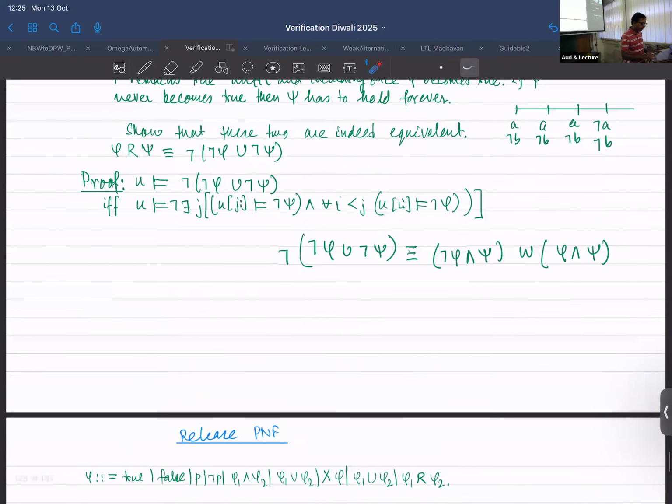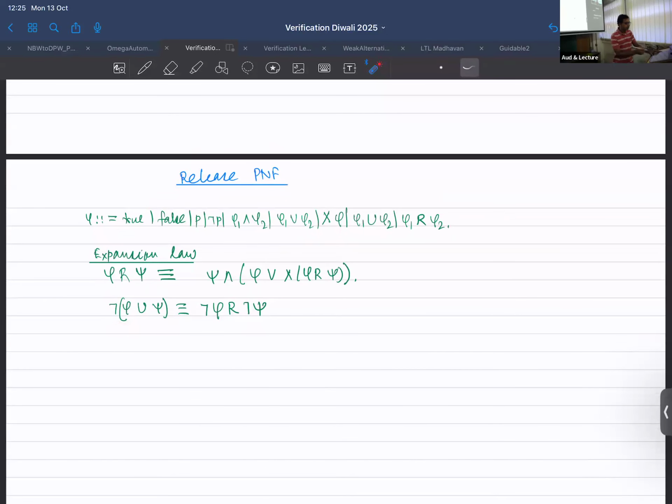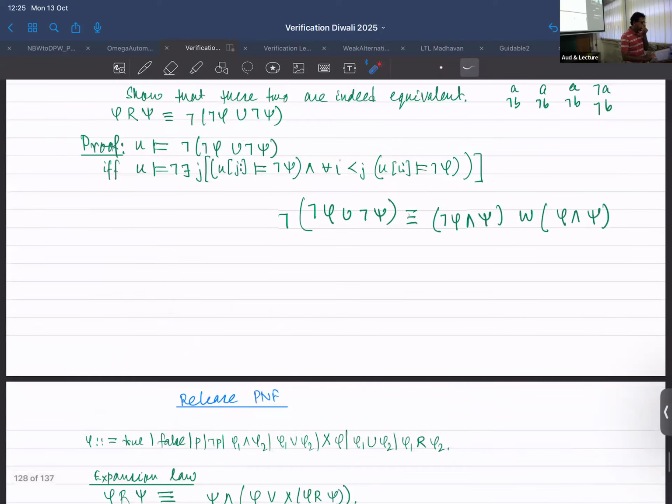And similarly, the negation of phi until psi is the same as the negation of phi release the negation of psi. Okay, good. So we can indeed push the negations inside.